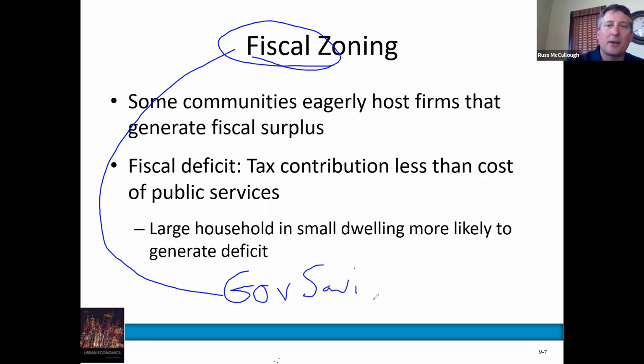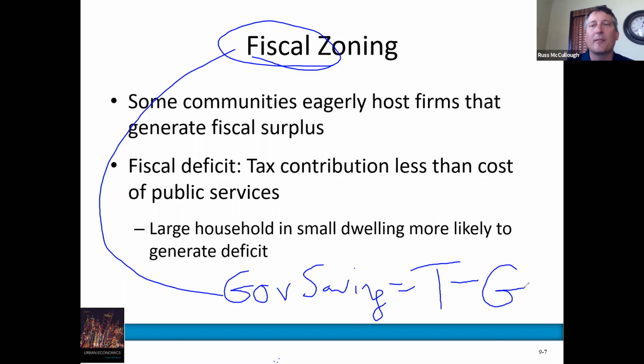In macro class, that equals tax revenue T minus government spending. That's the government budget. Most places at the local level have to have a balanced budget, actually. And they pay for their spending, so local police, roads, fire, all the school systems.